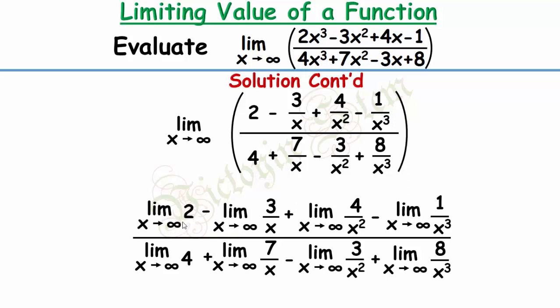Limit as x approaches infinity of 2 minus limit as x approaches infinity of 3 over x plus limit as x approaches infinity of 4 divided by x to the power of 2 minus limit as x approaches infinity of 1 divided by x to the power of 3, and then in the denominator, limit as x approaches infinity of 4 plus limit as x approaches infinity of 7 divided by x minus limit as x approaches infinity of 3 divided by x to the power of 2 plus limit as x approaches infinity of 8 divided by x to the power of 3.